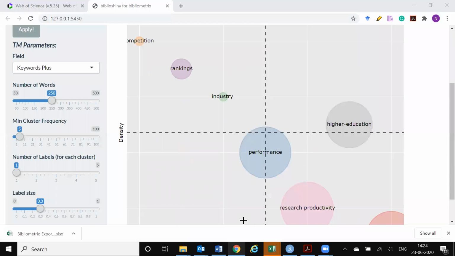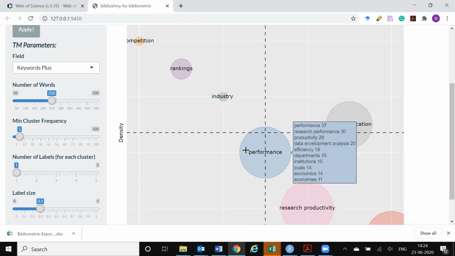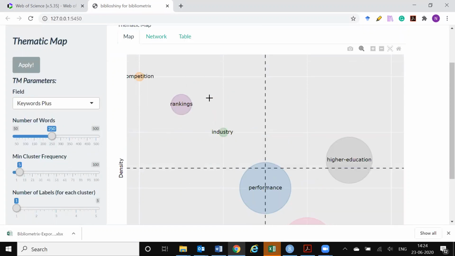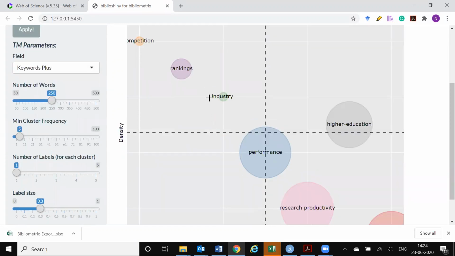Now here, as we can see, you can change various things on the left hand side and you get to see different things. Here you see rankings; these are well developed themes, but their importance within the overall area is not as high, which is understood. Most of these themes are generally more niche, like rankings, like gender.